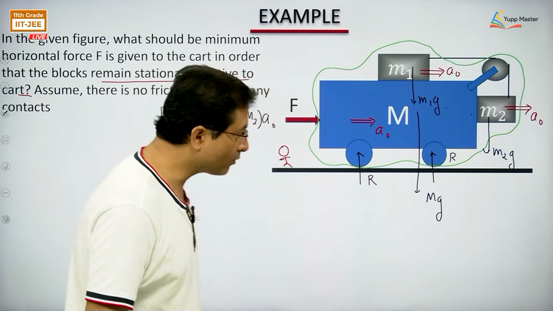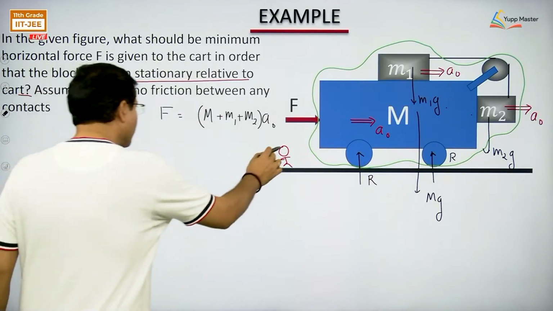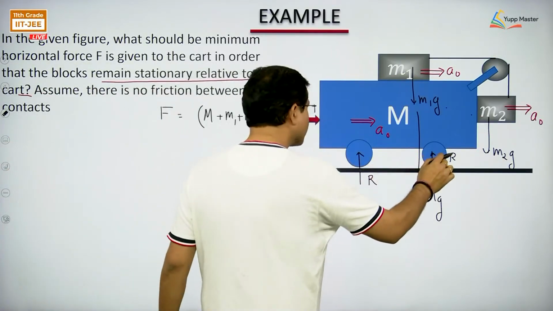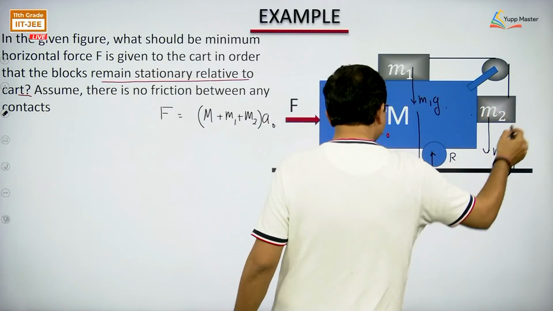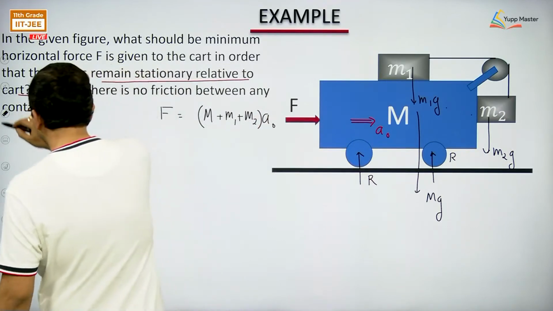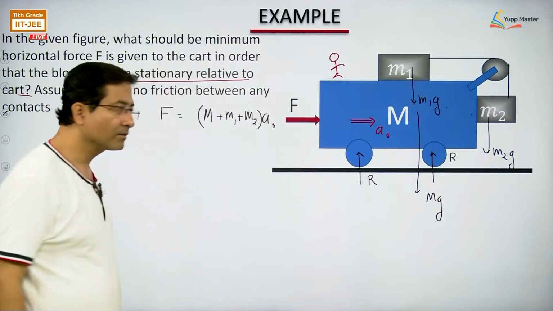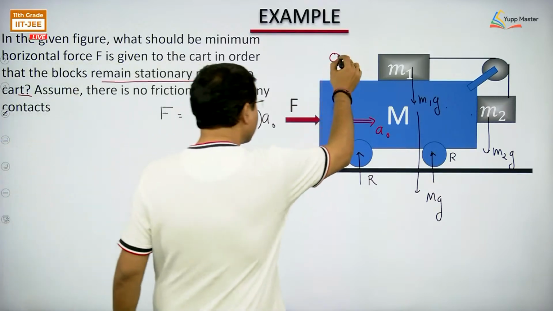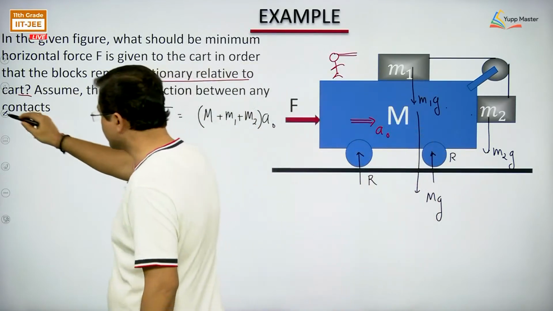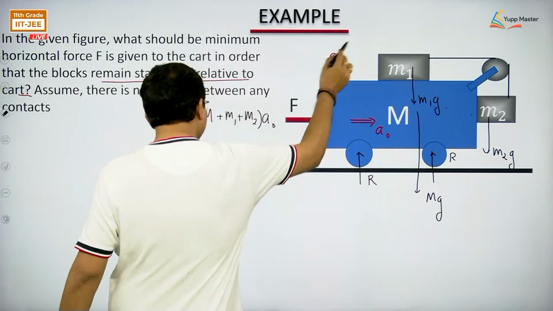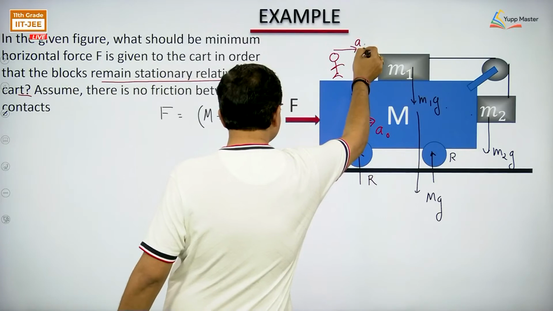So if I observe the motion of M1 and M2 with respect to the cart, just to get the other equations, I'll put the observer on the cart, which is accelerating with A naught.